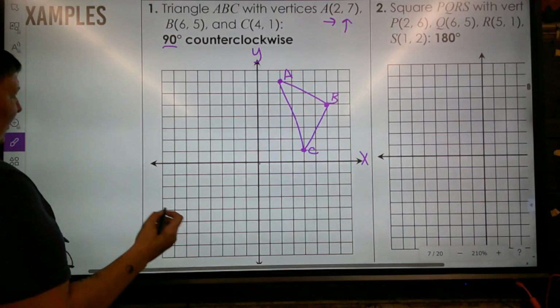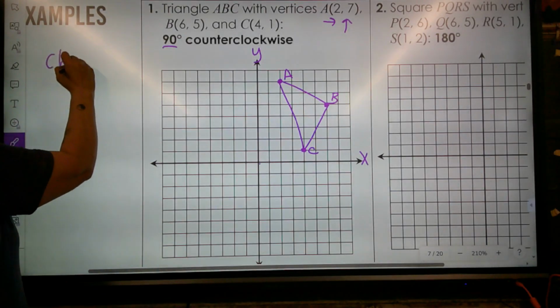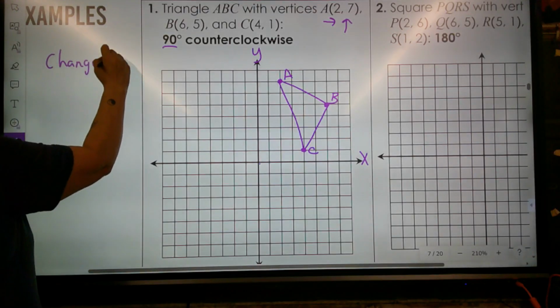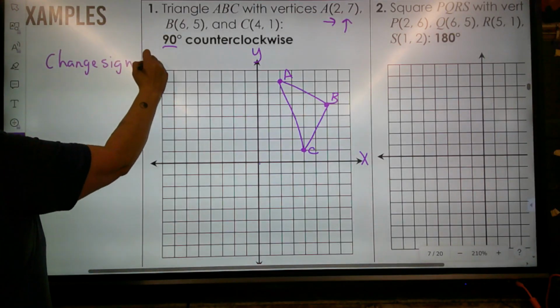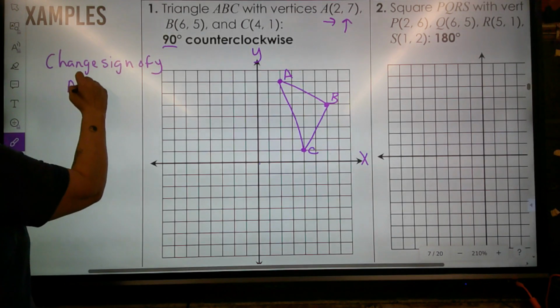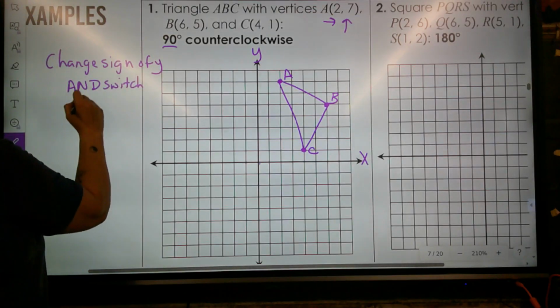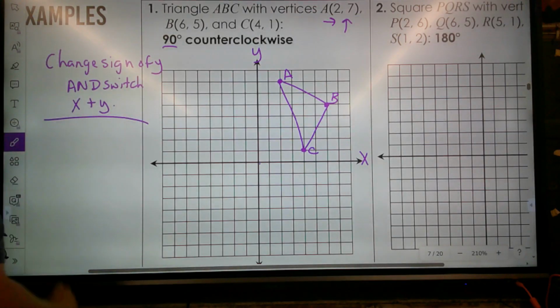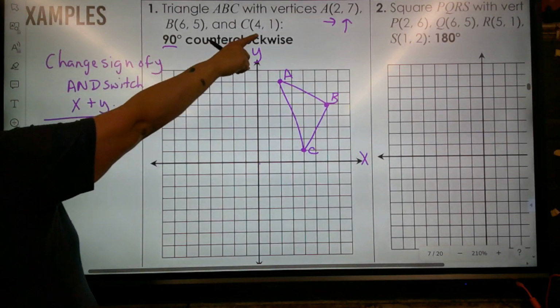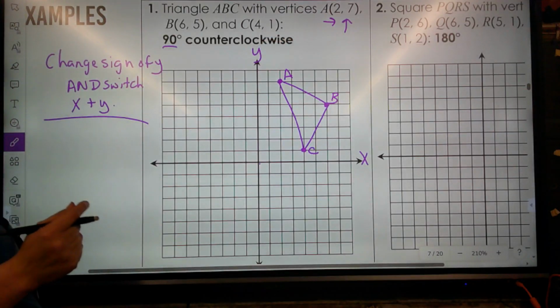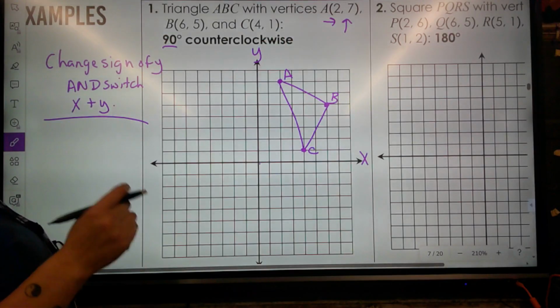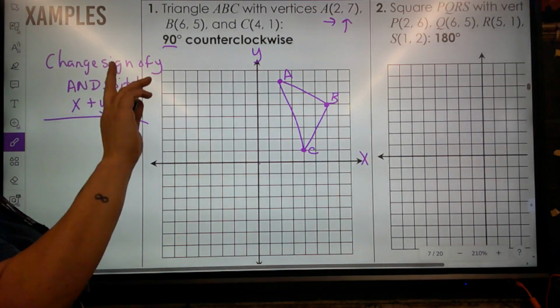So the rule was change sign of the y value and switch x and y. Right? That's the rule. So if A is 2, 7, first we're going to change the sign of the y, so that'll be 2, negative 7, and then we're going to switch them.